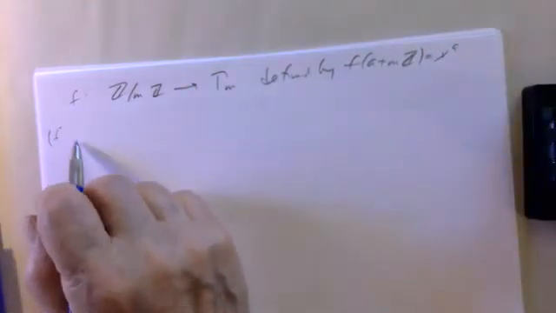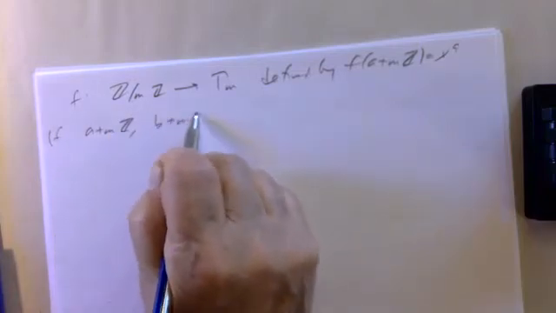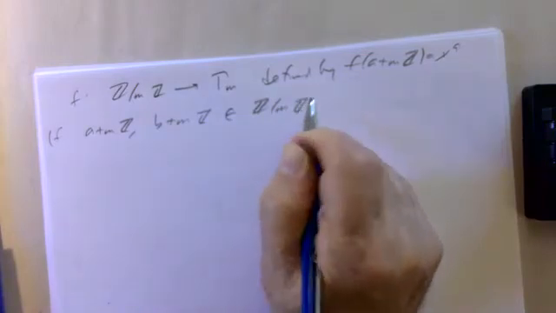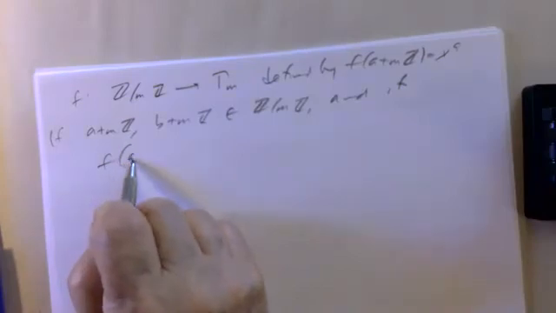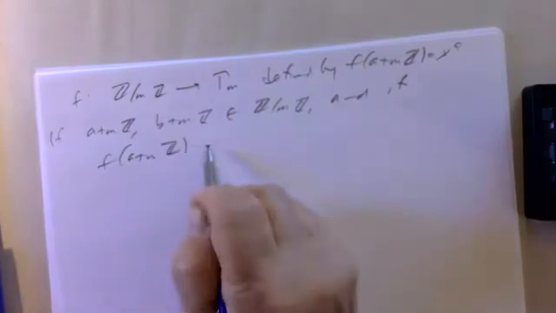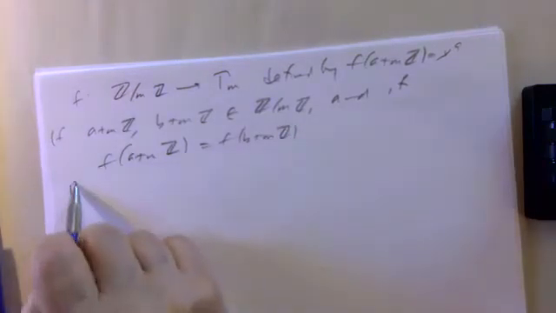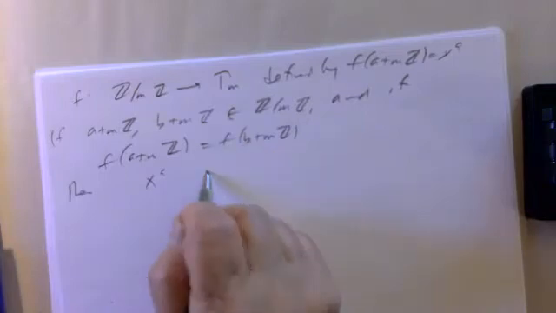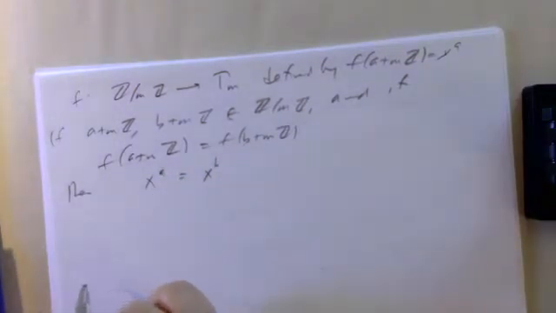So if a plus mZ and b plus mZ are congruence classes modulo m, and if f of a plus mZ equals f of b plus mZ, then this is equal to x to the a, this is equal to x to the b, so x to the a equals x to the b.